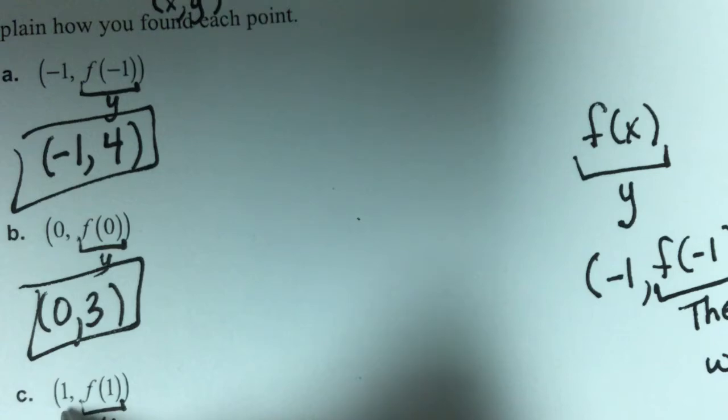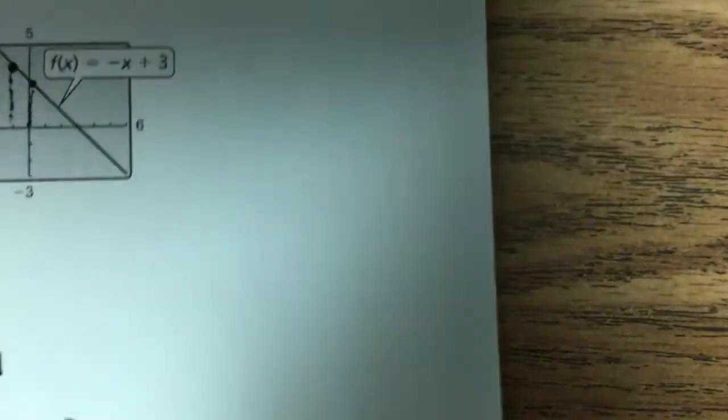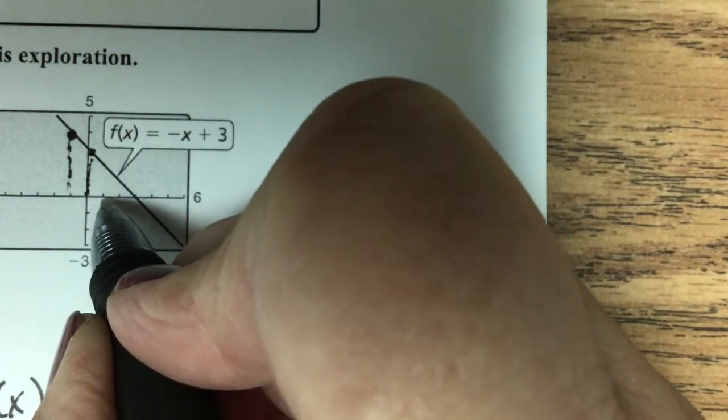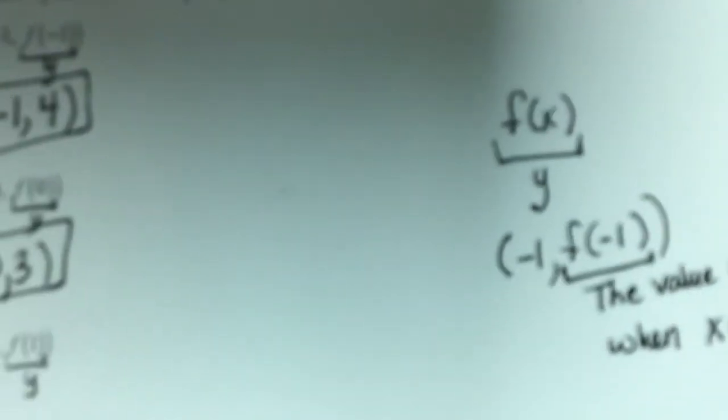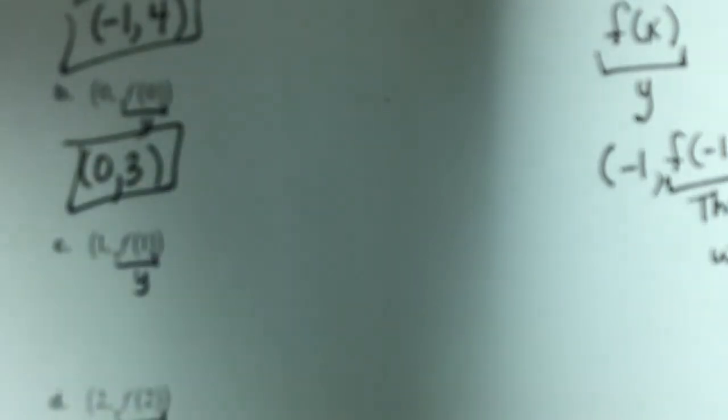The next one, I want to find y when x is 1. So go to my graph, go to 1, and then go up and find the y value that you see. Okay, so as I continue, sorry about that, I was on this one. It's on letter C. Give my camera time to focus.